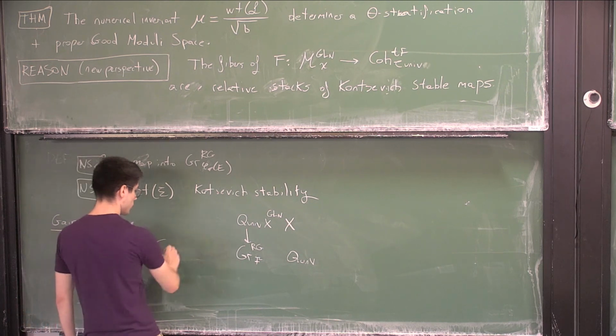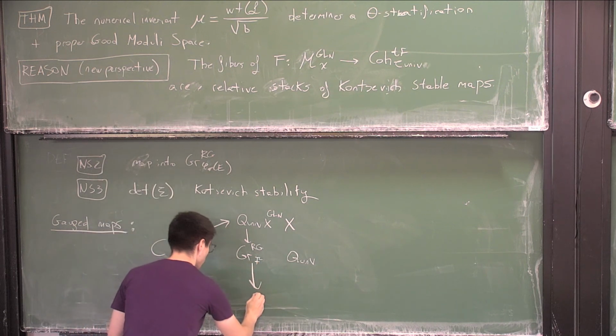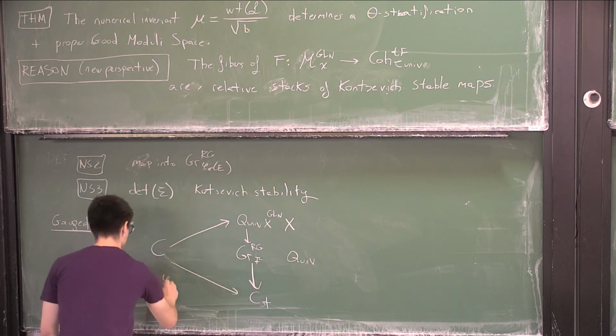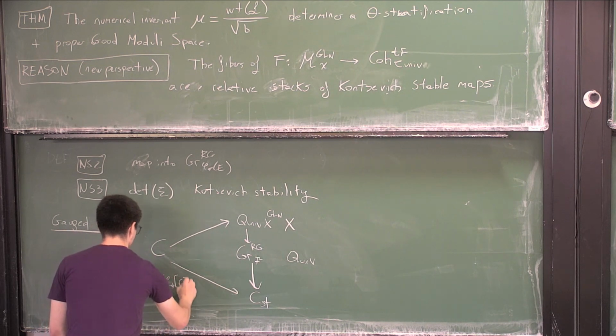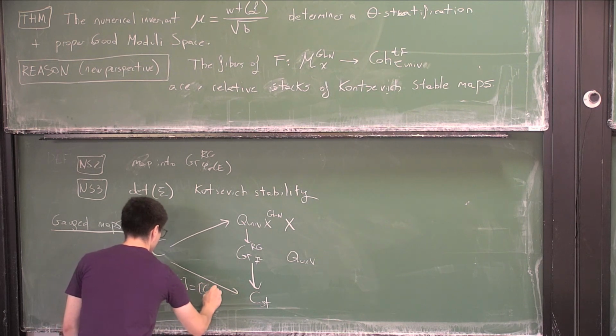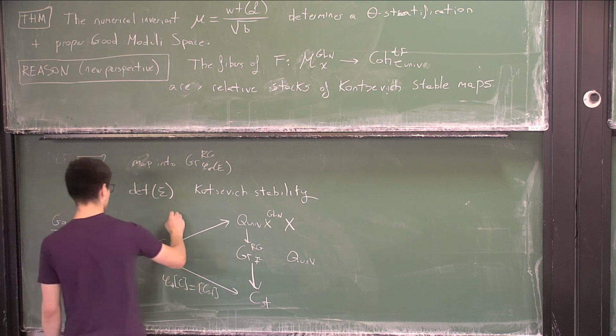And then I'm going to take Kontsevich stable maps, a family of Kontsevich stable maps into this thing, satisfying the same conditions that the push forward of the fundamental class is going to be the fundamental class. And it's not difficult to see that this thing is going to satisfy the evaluative criterion for properness. I'm going to record that this is Kontsevich stable.